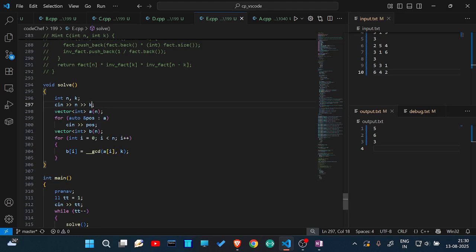You have the divisors, okay. So far, I just use this.